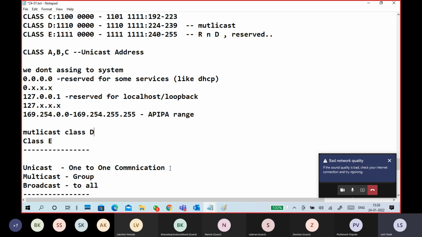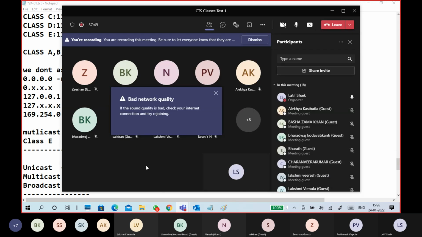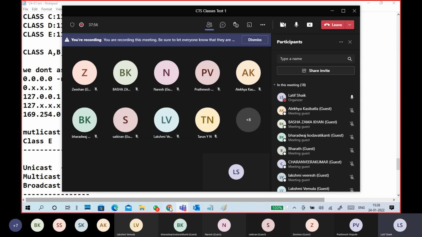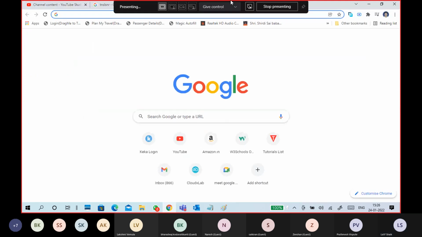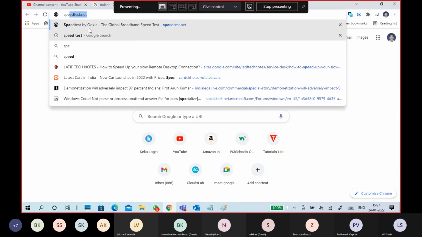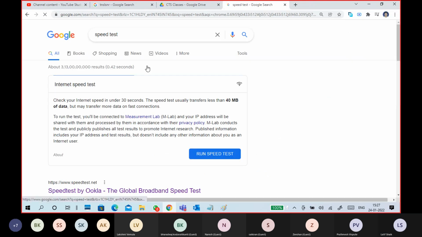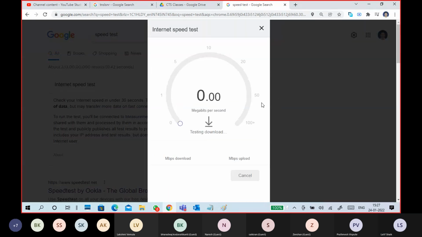Bad network quality. One second, guys, my internet connection is slow.